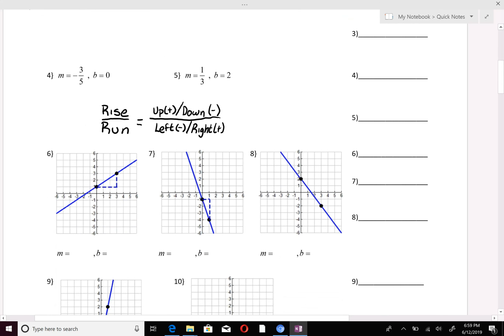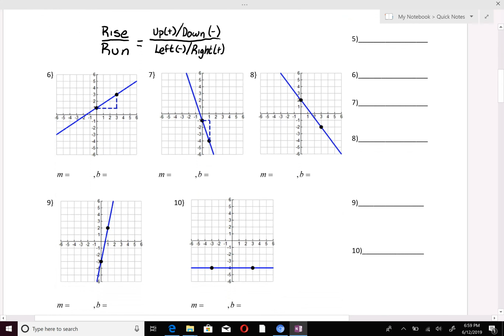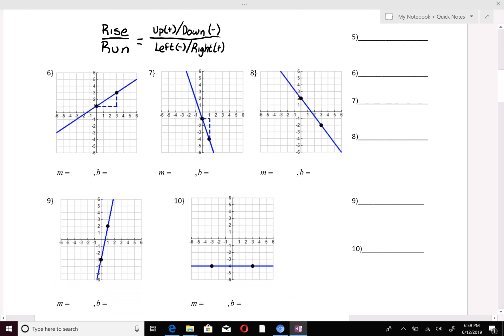Now in these problems down here, when we're asked to create the same equation based off of what we're provided in the graph, it may look like it's a lot more difficult, but visually it's a lot easier to deal with.